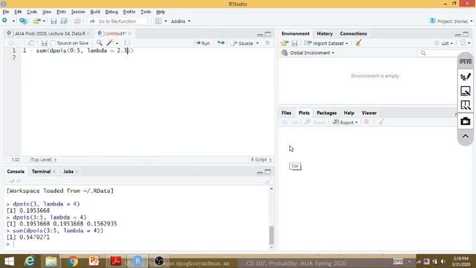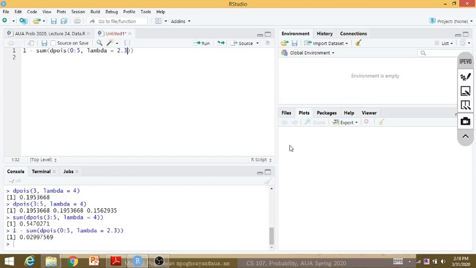Okay, and I'm running this by hitting Alt and Enter in this case, and the probability is just 3%, 0.03.